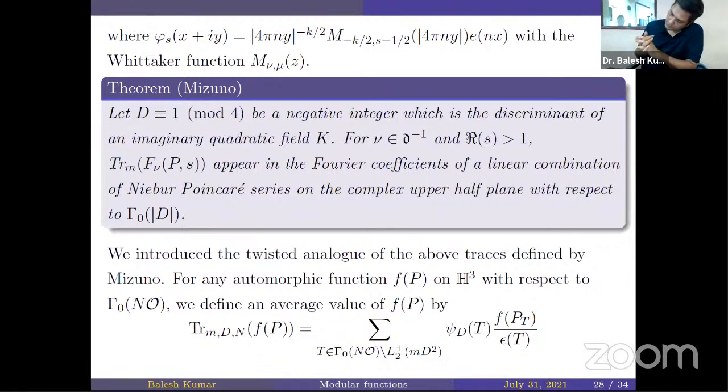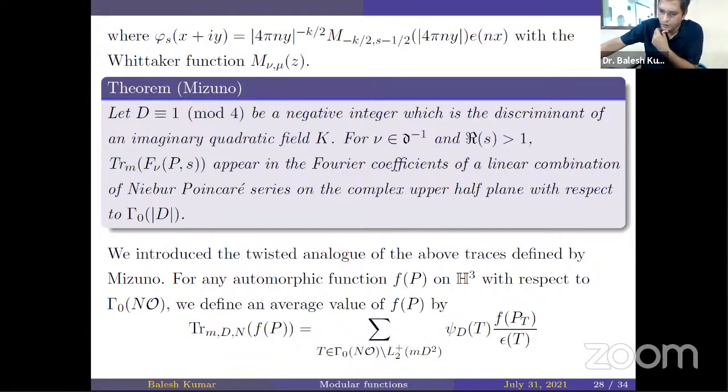And therefore, similarly, one would like to understand what happens for level 1: if you take the level 1 Niebuhr-Poincare series on the complex upper half plane, whether that can be lifted to, or connected to, certain Niebuhr-Poincare series on three-dimensional hyperbolic space for the level 1 Bianchi modular group.